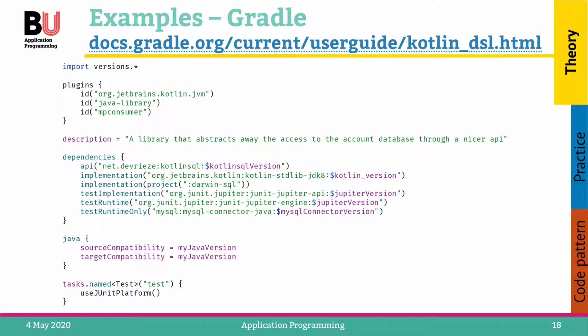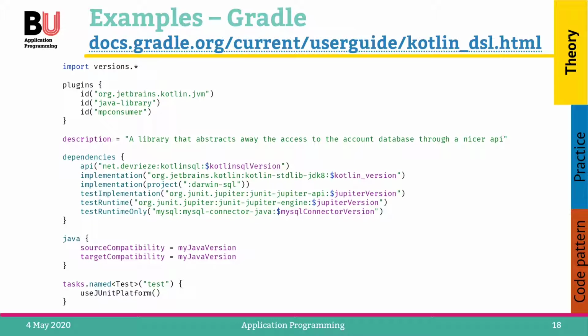So we still have a description. We have our API. It's Kotlin, so we need to use parentheses where in Groovy this is not required. We have our source compatibility, target compatibility, etc. So there's a little bit of differences, but it still looks like our Gradle file, where we have the ability to declare our dependencies.